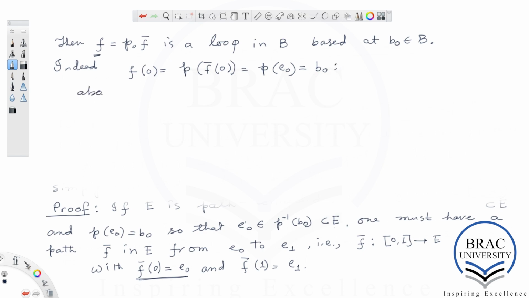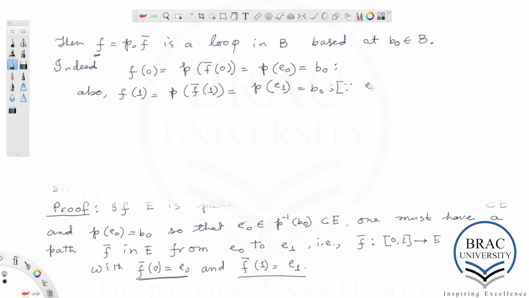Also, F of 1 is equal to P of F bar of 1, which can be written as P of E1, and P of E1 is equal to B0. Why?